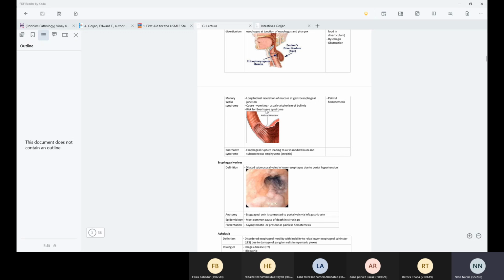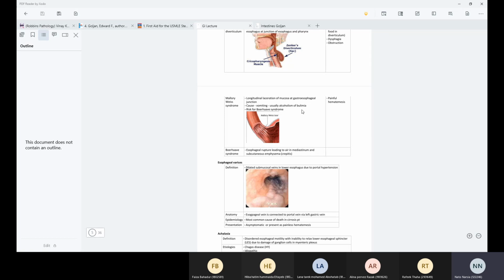Boerhaave syndrome is important here. We don't have many medical emergencies, as you know, but one medical emergency where you immediately need to perform surgery is Boerhaave syndrome. And what is it? It is actually an esophageal rupture. You have laceration here, and what can happen? The esophagus can rupture, and this air will end up in the mediastinum.